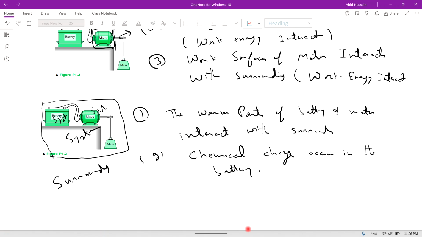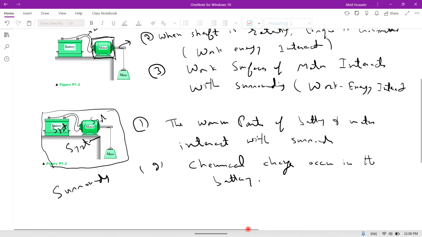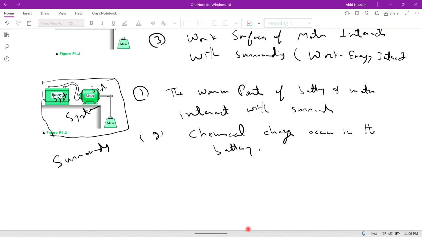So these two are possible interactions between this system and surroundings, and the first and second are not possible in this case, because the battery, motor and mass are all system.